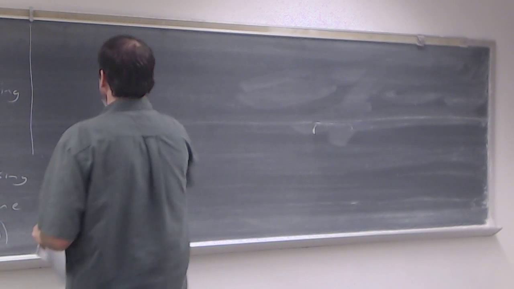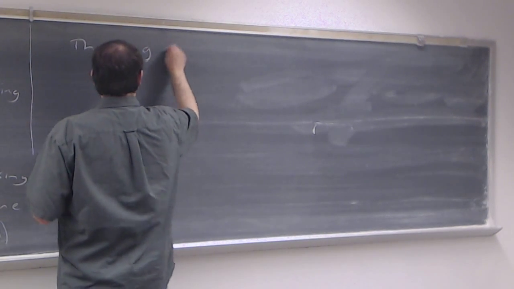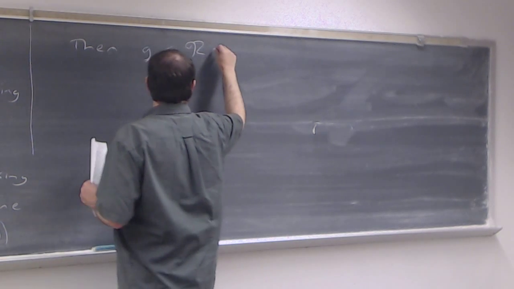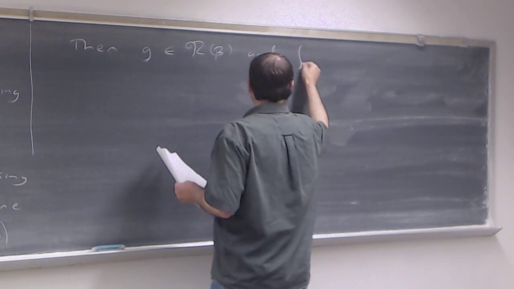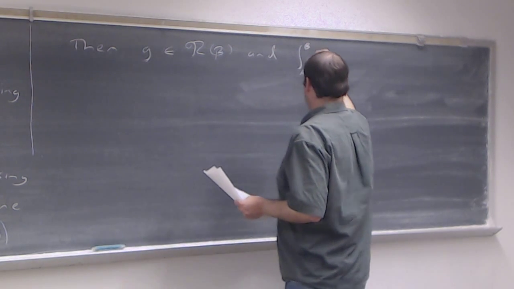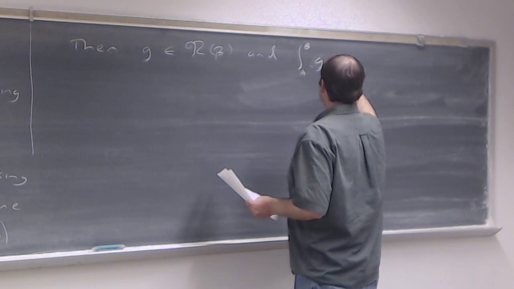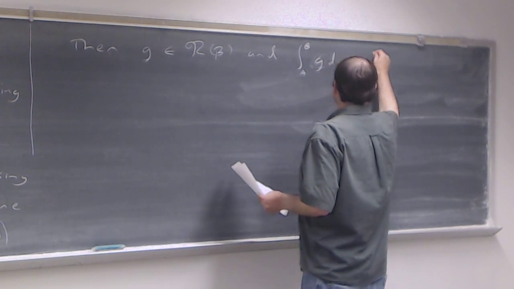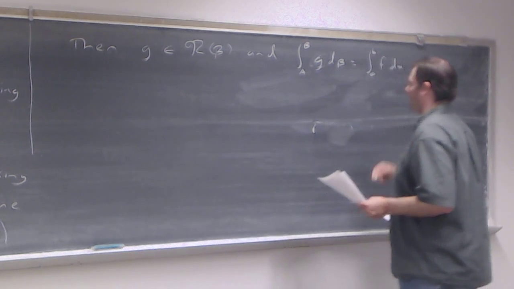Then g is Riemann-Stieltjes integrable with respect to beta, and the integral from big A to B of g d beta is equal to the integral from little a to little b of f d alpha.